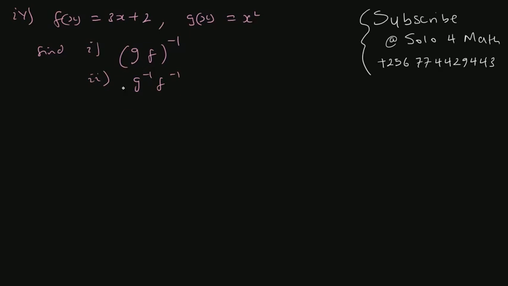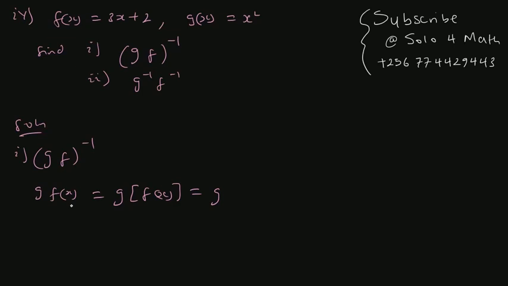We handle them differently. So for number 1, we want to get the inverse of this composite function. The first thing is to find g(f(x)), so that we have one function, and then we use the same procedure for finding the inverse. So this is the same as g of f(x), meaning where there is f(x), we substitute the function.